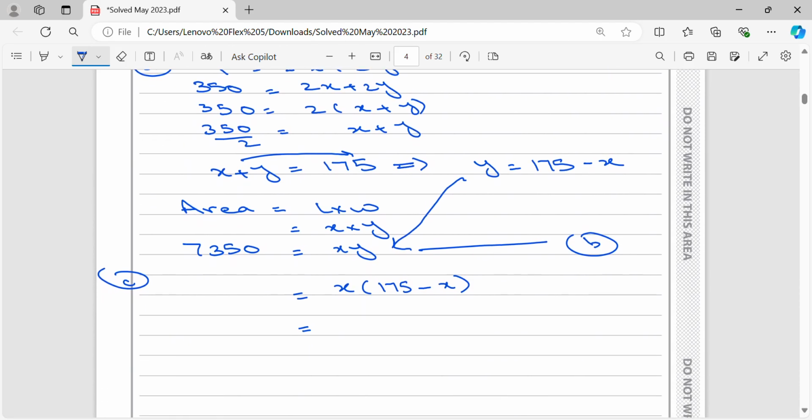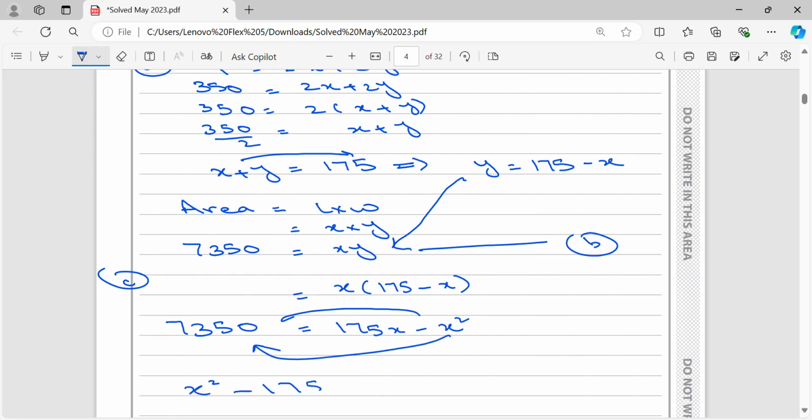Now I'm going to simplify it. Form an equation. Move x squared and 175x to this side. When I move x squared to this side, this will be positive x squared, minus 175x, and plus 7,350 equals 0.